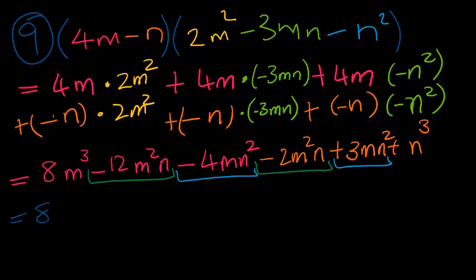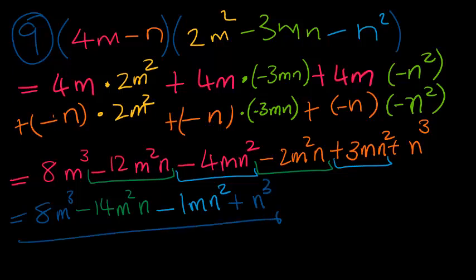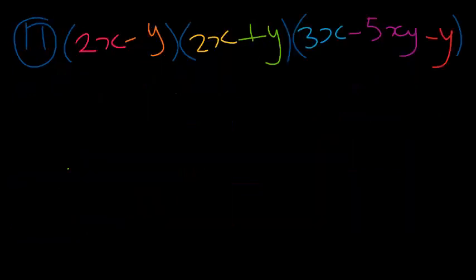So my answer is going to be 8m cubed, minus 12 minus 2 is minus 14m squared n, minus 4 plus 3 is minus 1mn squared plus n cubed. That's my final answer.